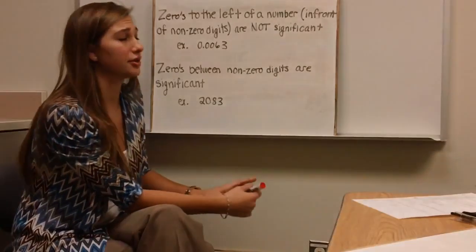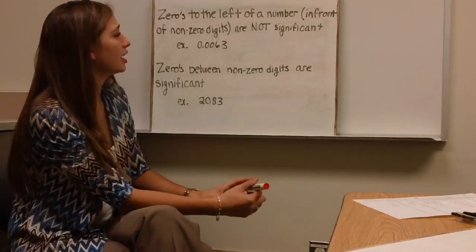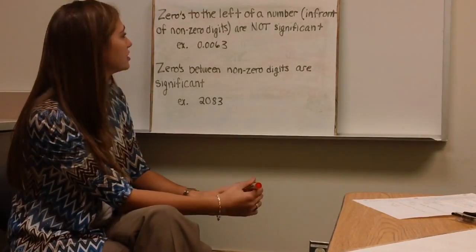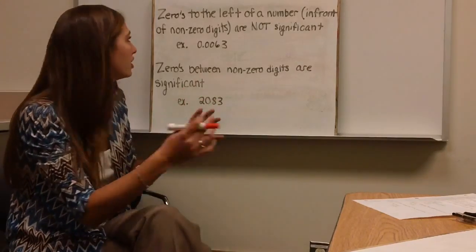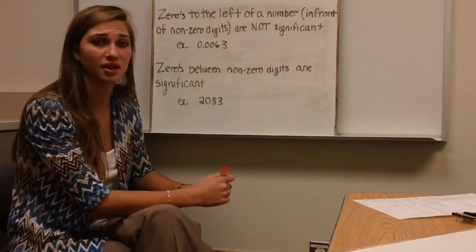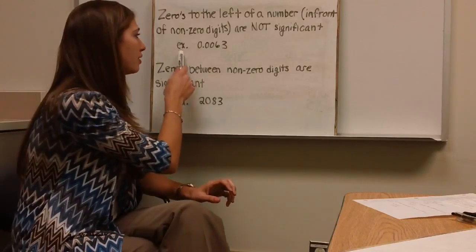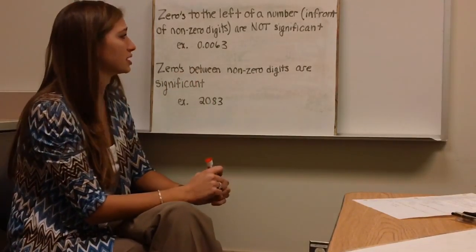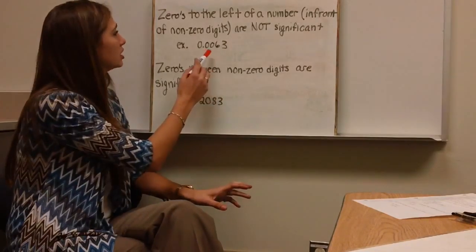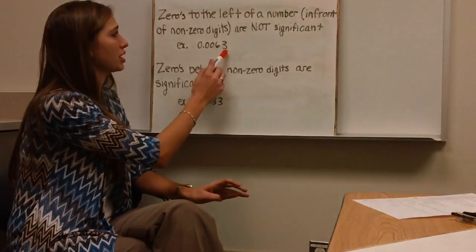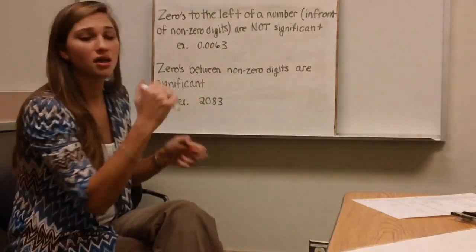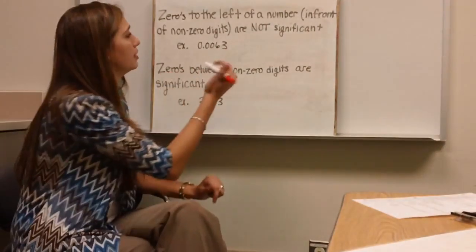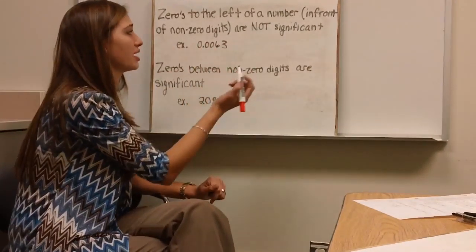So now looking at zeros. Zeros to the left of a number, but in front of non-zero digits are not significant. So an example that would apply to would be this one. 0.0063. So it's to the left of numbers, so here are non-zero digits, and so it's in front of them, so they are not significant.